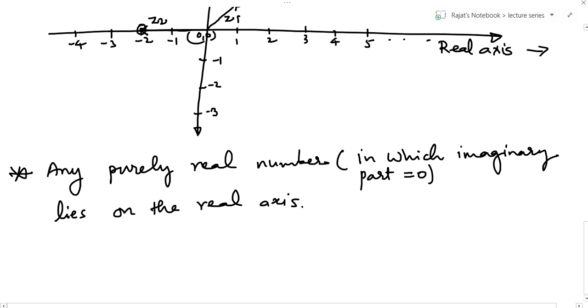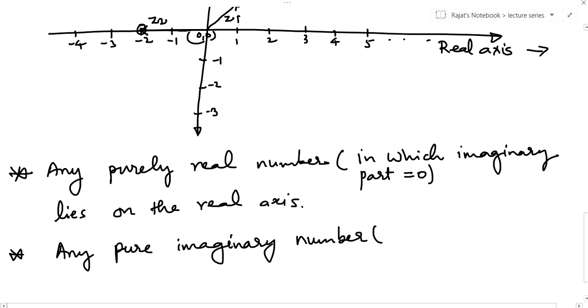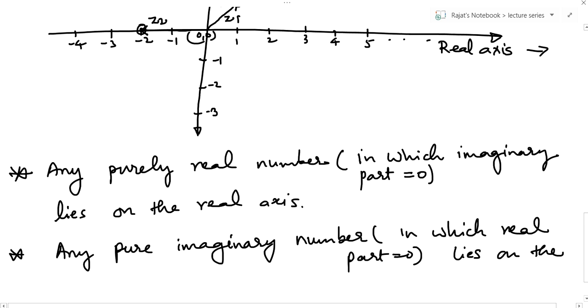And similarly, any purely imaginary number, in which the real part is equal to 0, lies on the imaginary axis.